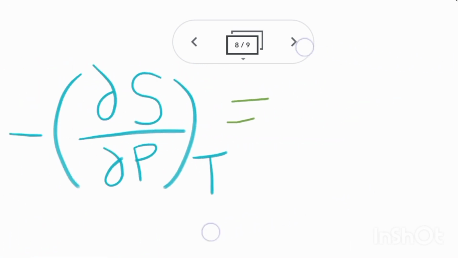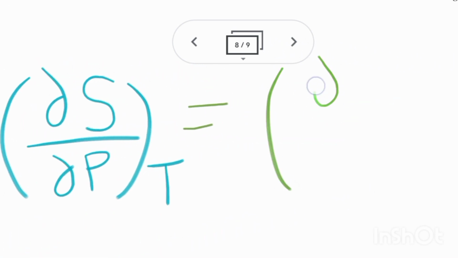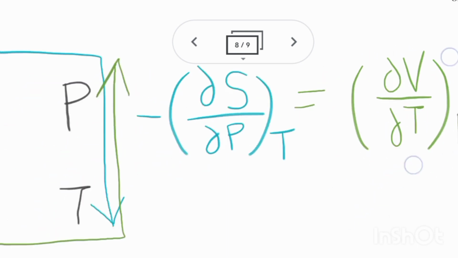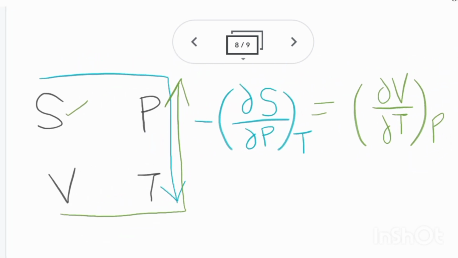So my answer will be ∂V/∂T at constant P. Now you can see that V is in the upward direction, so like the Cartesian thing, it will be positive. So this is one of the relations we have derived from Maxwell.